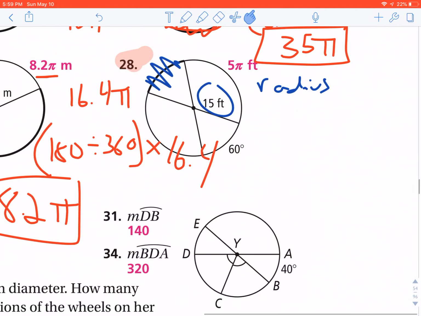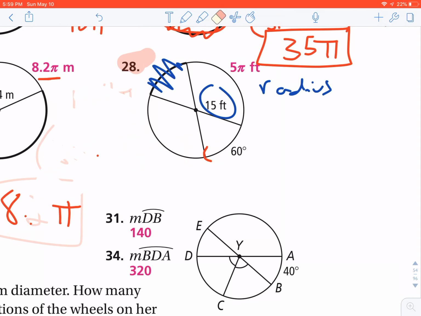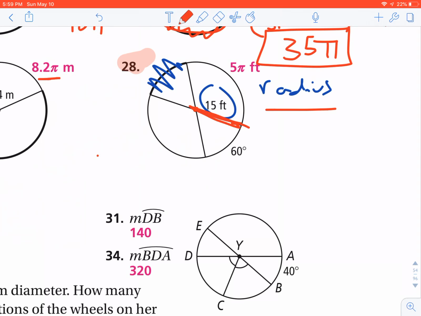Okay? Now, this one is probably the hardest. I had the most questions on this problem. So here's the deal, and this is where it gets tricky for a couple things. The first thing I already have noted here is that the 15, and I guarantee this is why most of you couldn't get this right. You thought 15 was probably the diameter, okay?